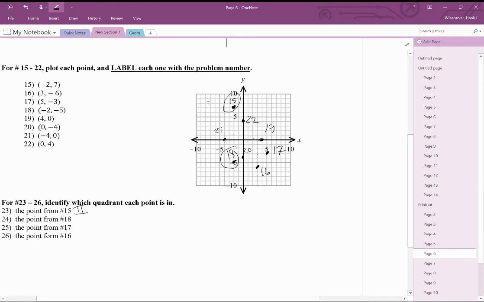So if this is 2 up here, that means counterclockwise, this is 3 down here. Number 17 is right here. Again, moving counterclockwise. If this one is 3, this one is going to be 4. And then last is 16, which is in the same quadrant as 17, so that is going to be quadrant 4.